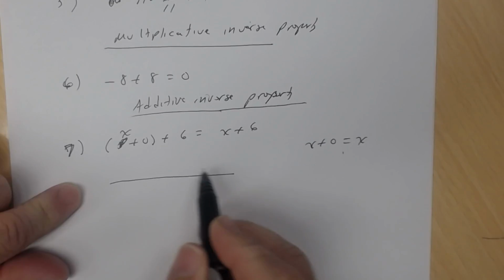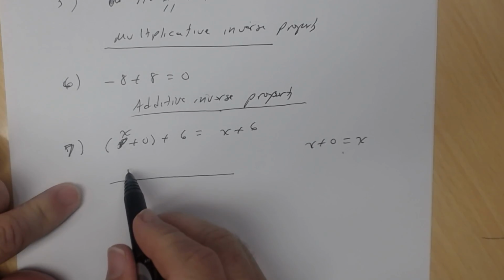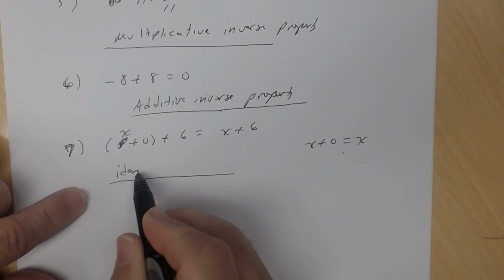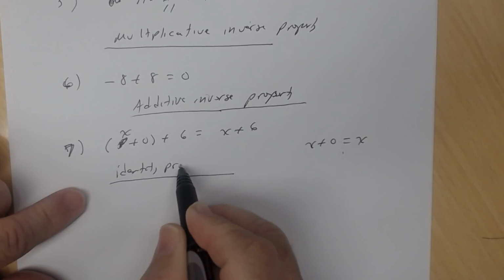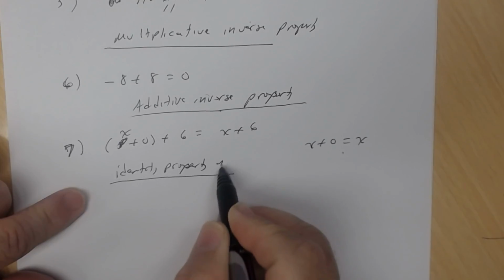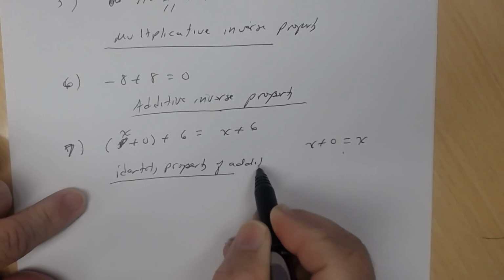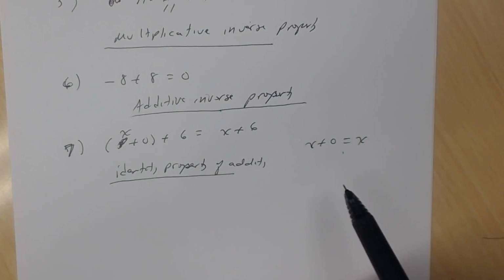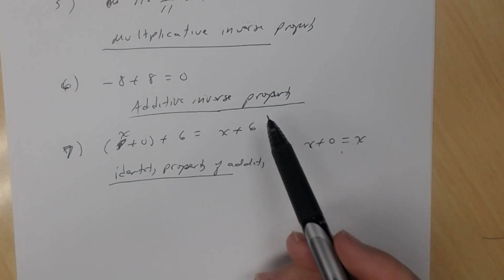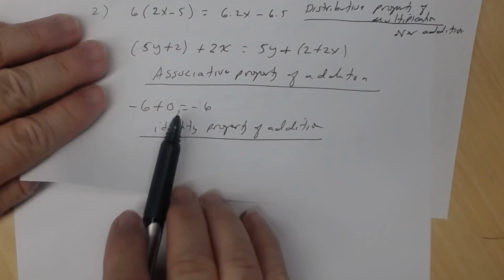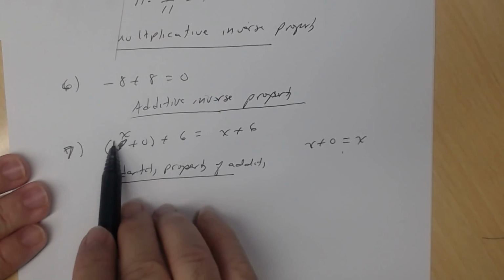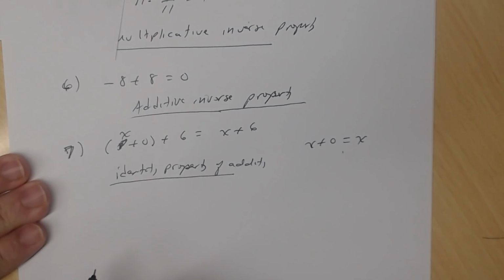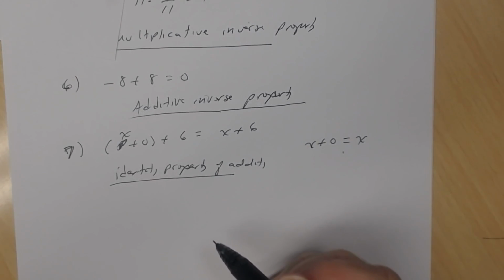So I'm using the identity property of addition, even though it doesn't look like number 4. I am using it though. X plus 0 is equal to x.